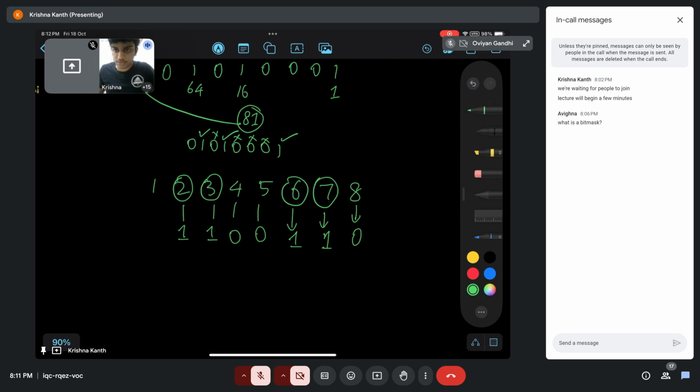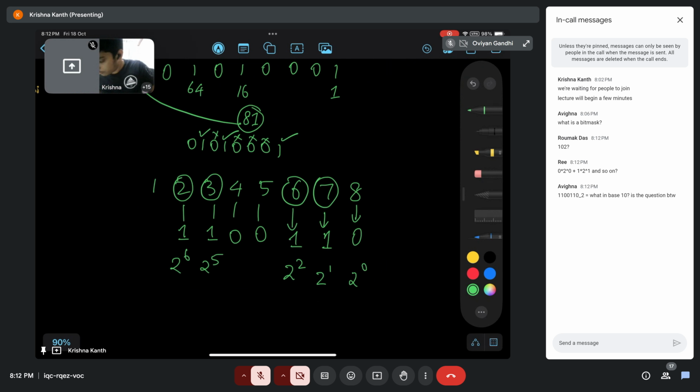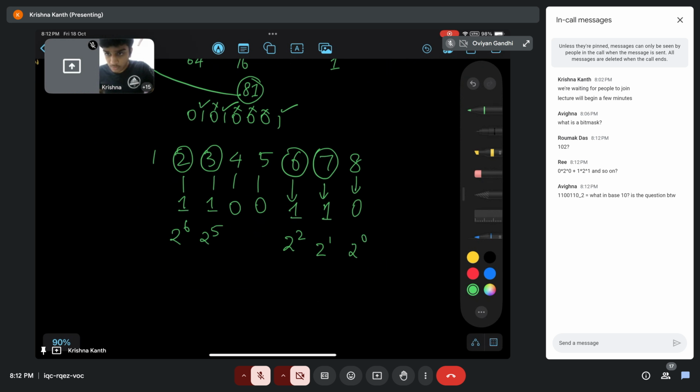You can type it in chat. Yes, it is 102.